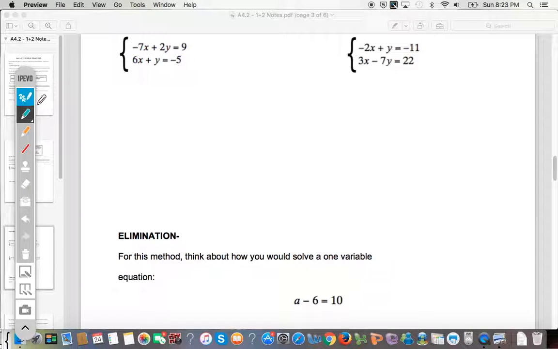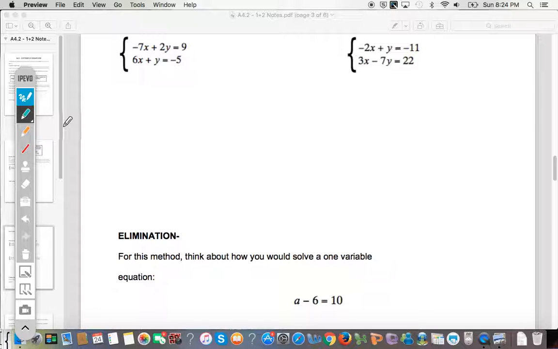All right, let's take a look at these ones right here. Okay, so these ones are a little bit tougher. Okay, we don't have a variable that's isolated currently in either equation. Okay, so as I was talking about earlier, when we're doing substitution, we need to get one of those variables by itself. So what I first look for, I don't want to deal with fractions if I don't have to.